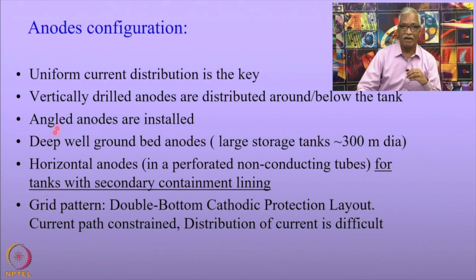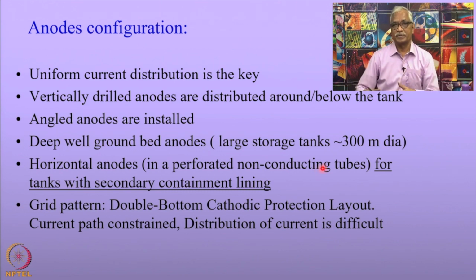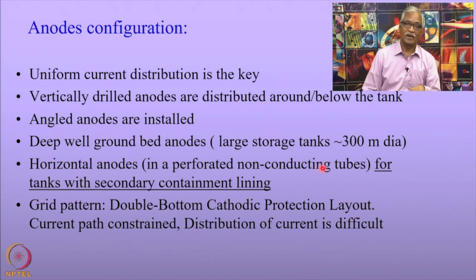Where we cannot have distributed anodes, we can also have deep well ground bed anodes installed for large storage tanks of, let us say, 300 meter diameter, the big tank. We know that the current distribution is much larger. It is easy to maintain remote anodes, much easier with deep well ground bed anodes.